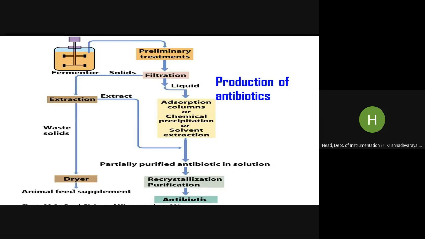After drying and moisturizing, the waste solids are sent to animal feed supplements, because they are added as supplements for animal feed. The extract coming from the continuous extractor is joined again after the solvent extraction part, which is a partially purified antibiotic in solution.